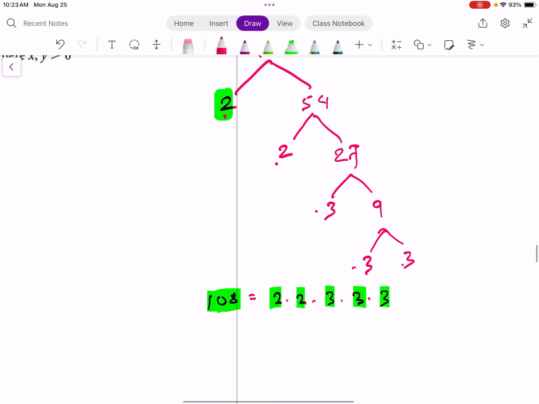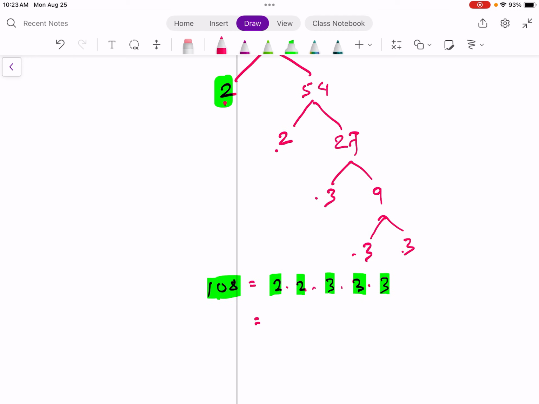Now the next step. How many 2s do we have? 2, right? So we can rewrite 2 times 2 as 2 squared. In a similar way we have 3 times 3 times 3, and this is the same as 3 cubed. So 108 is equal to 2 squared times 3 cubed.